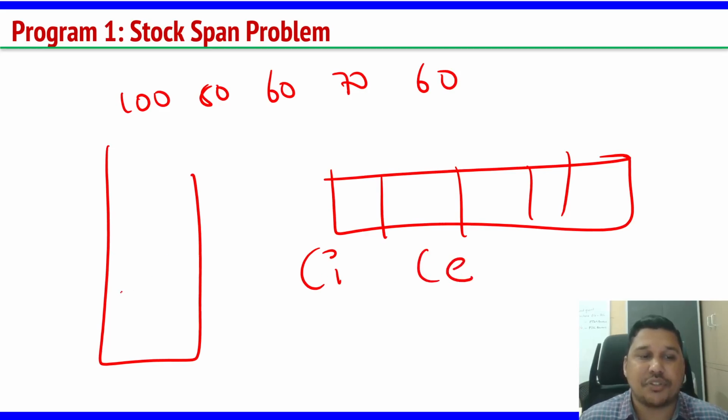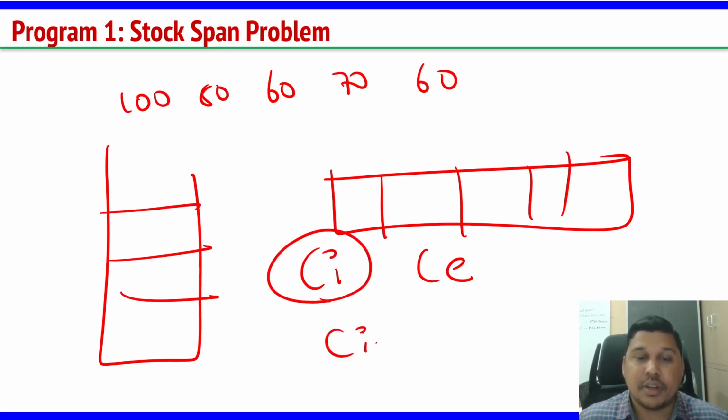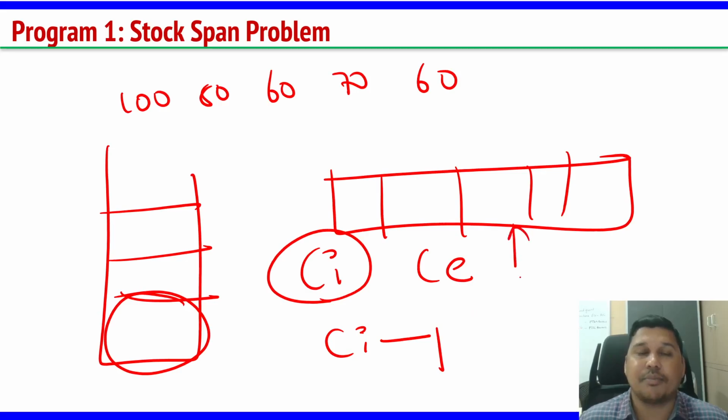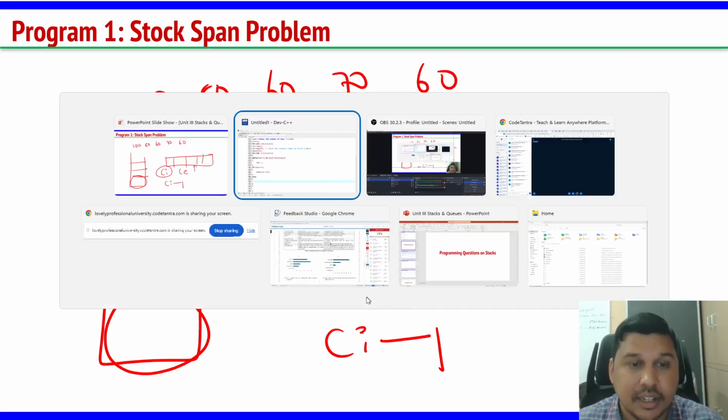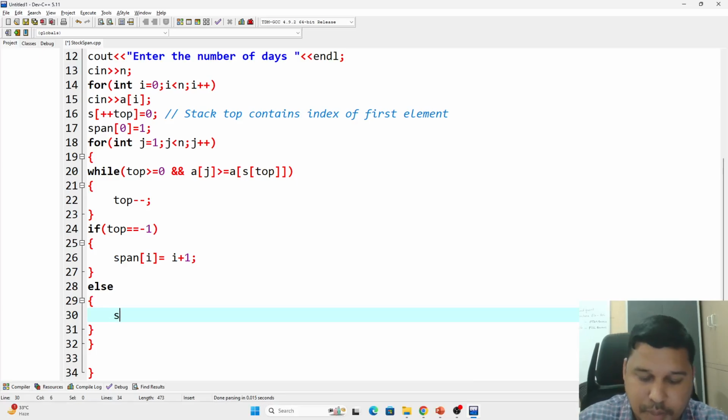If the condition is false, at some point it fails, what we are doing is the current index minus the index of the stack top, that you subtract and put it here at the end. That logic I want to write here. So the span of i will be the current i value minus the stack top value.